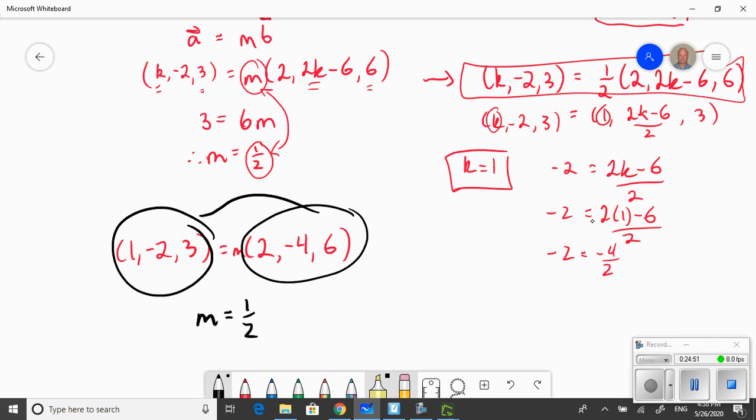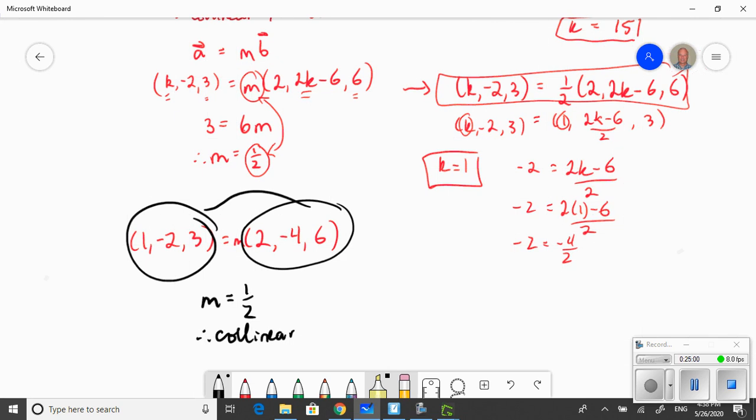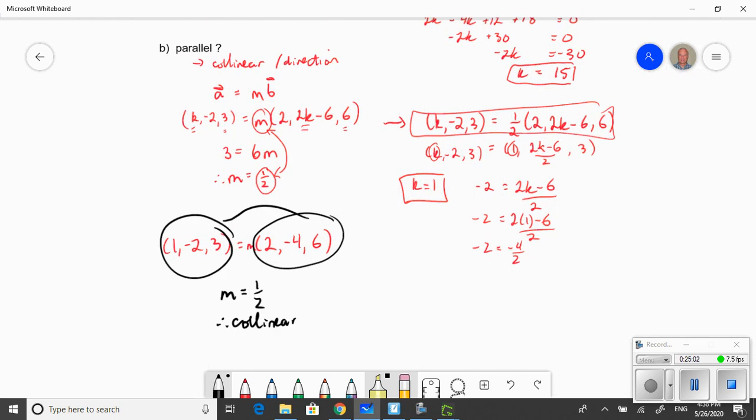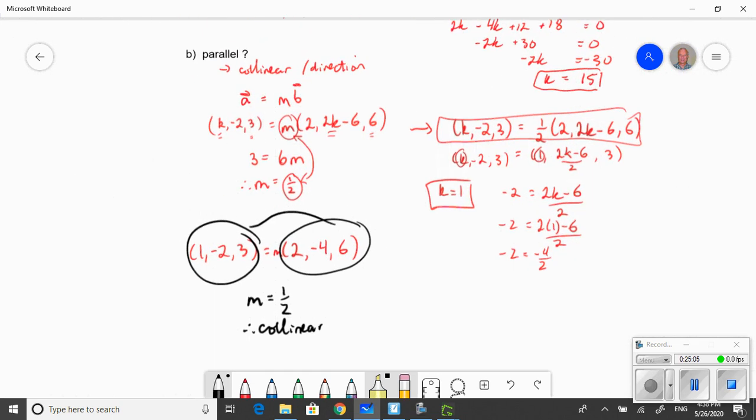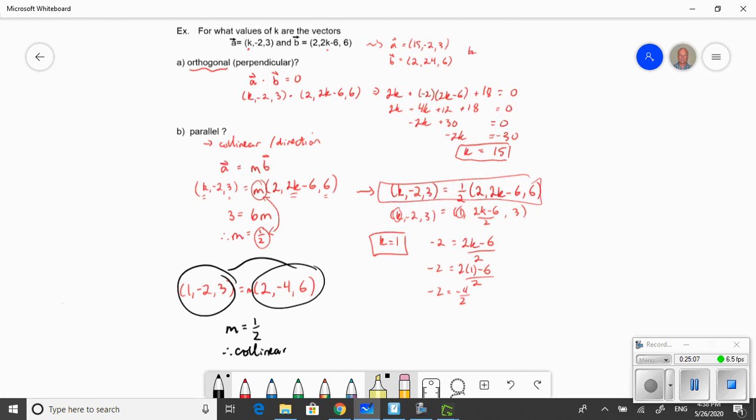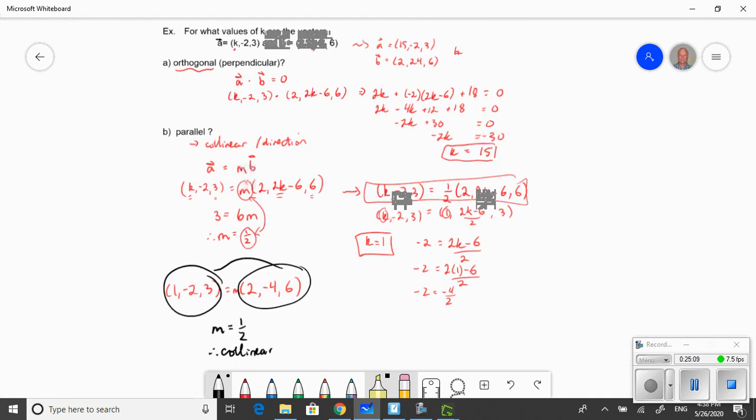So they're collinear. So really try and do these carefully, but quickly, and certainly understanding how this works. I'm just going to shrink this down a little bit and let you see both of these solutions as we work through this. I'll just pause it there and make sure that you're okay with that.